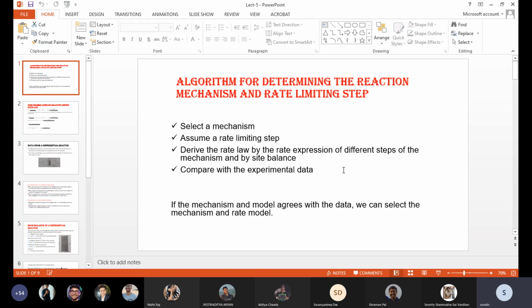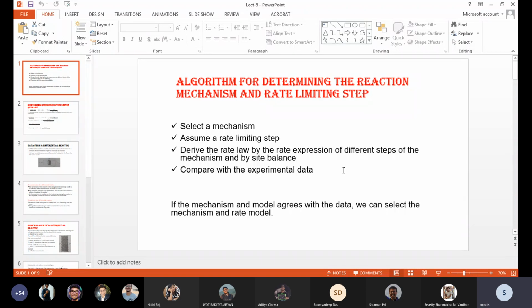First, select a mechanism and assume a rate limiting step. We select a mechanism with the adsorption, reaction and desorption steps, and then we assume one rate limiting step among them. Now derive the rate law by the rate expression of the different steps of the mechanism and by site balance.